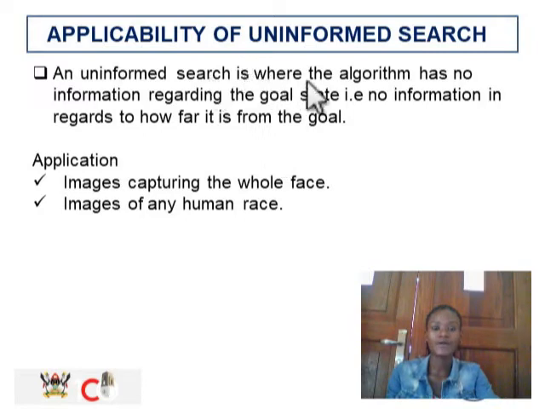The algorithm has no information about the goal state. For instance, you use an algorithm that is not specific. It's not searching for the eyes or the nose. It just generalizes everything and captures the whole face. Within that whole face, it has to discover that this is the mouth, this is the nose.